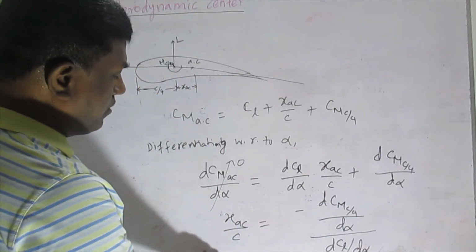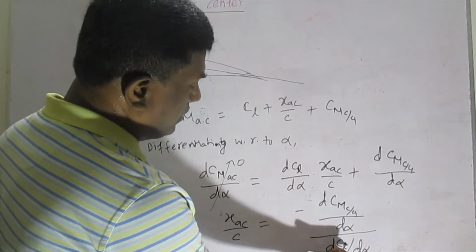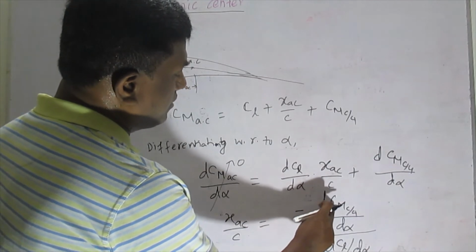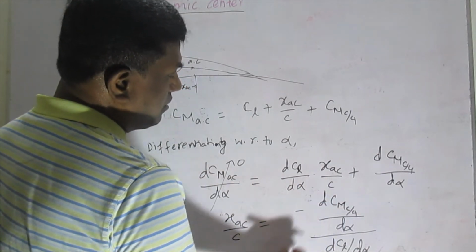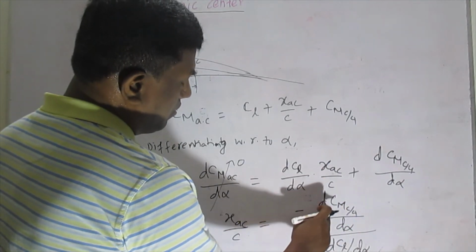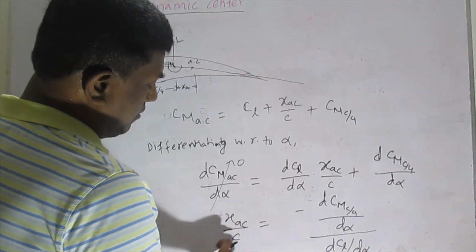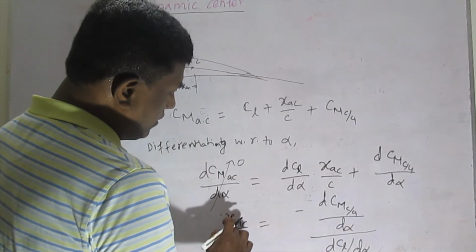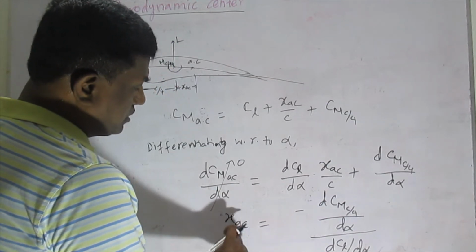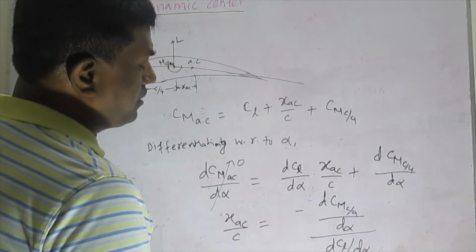Okay, so now we have got the aerodynamic center with respect to the lift coefficient and angle of attack, and the moment coefficient about the quarter chord point. From this relationship we have got the definition for the aerodynamic center, so now we can find it.